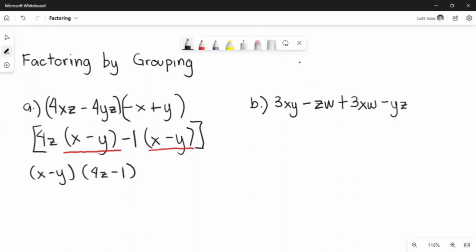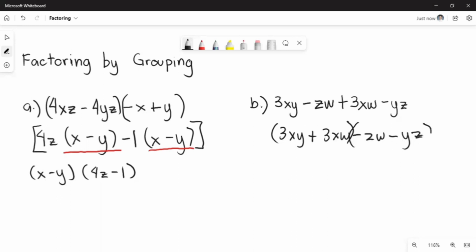Now we can rearrange that by 3xy plus 3xw minus zw minus yz. Okay? So therefore, the first pair is 3xy plus 3xw, and the second pair is negative zw minus yz.